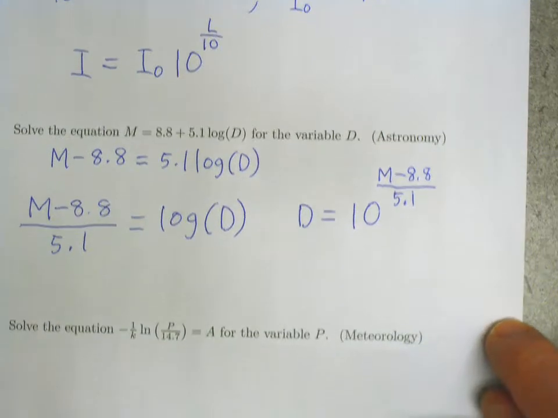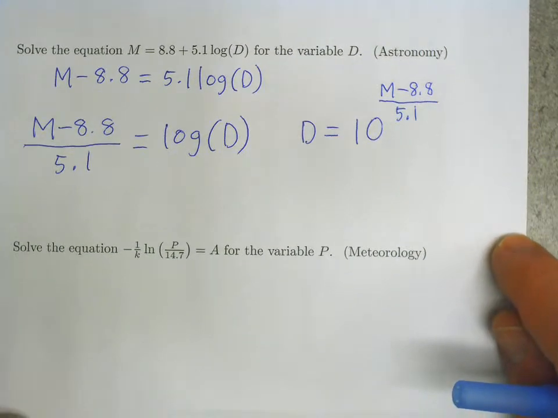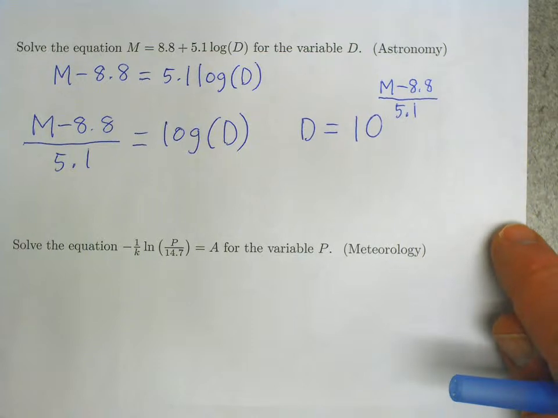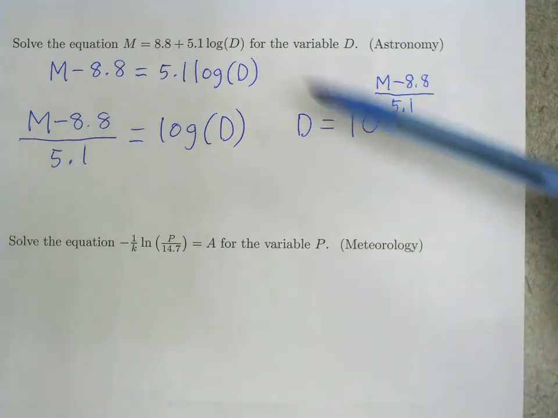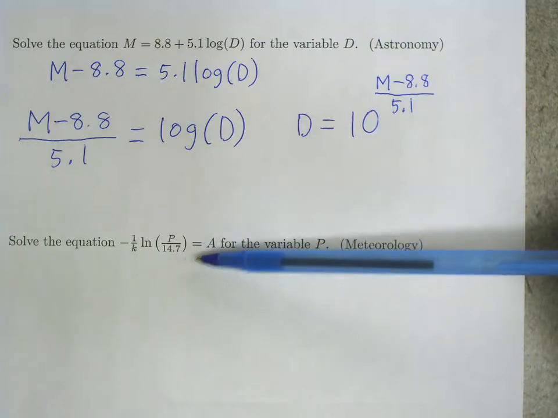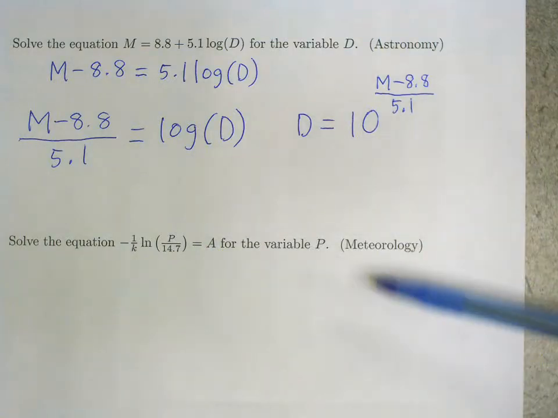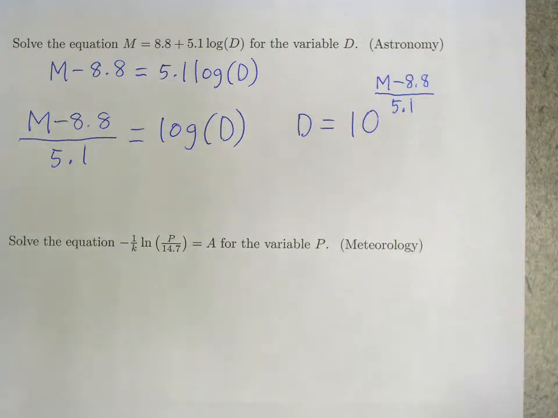Okay, the next equation, solve this equation, negative 1 over k times the natural log of capital P over 14.7 equals capital A. Solve this for capital P. The variable that we want to solve for is inside the argument of this natural logarithm. This is the base e logarithm.